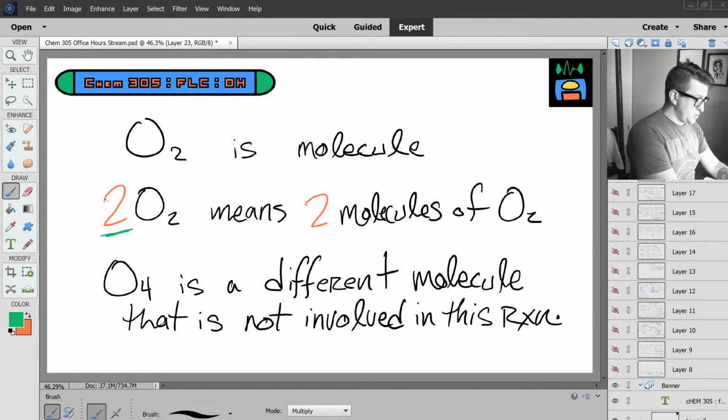So 2MgO means 2 molecules of MgO are produced. Does that make sense? Yes, totally. We're going to spend a long time in chapter 6 going over all of this.